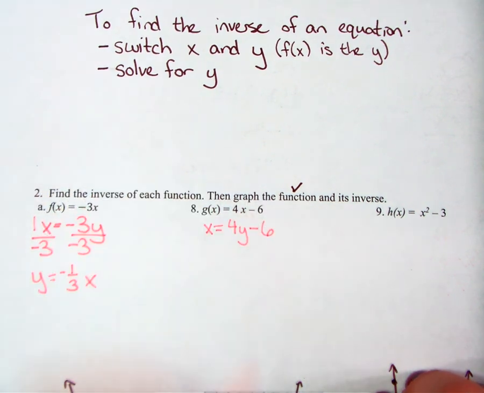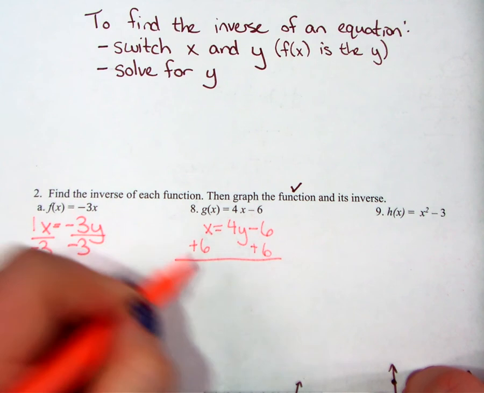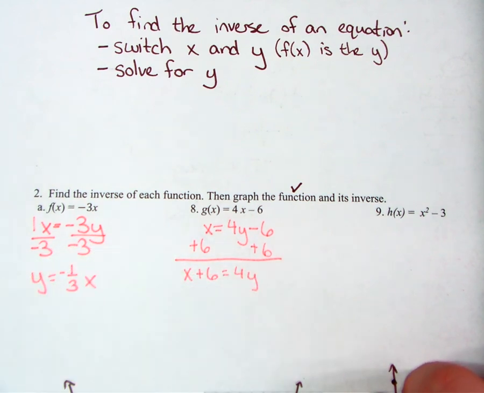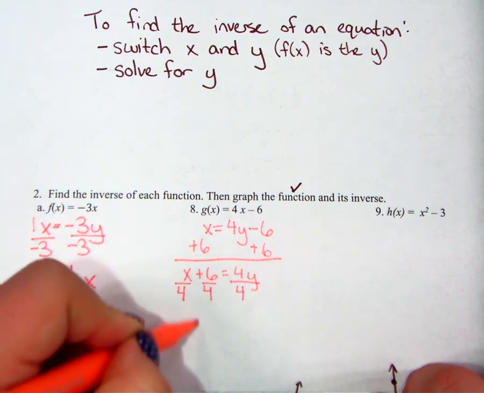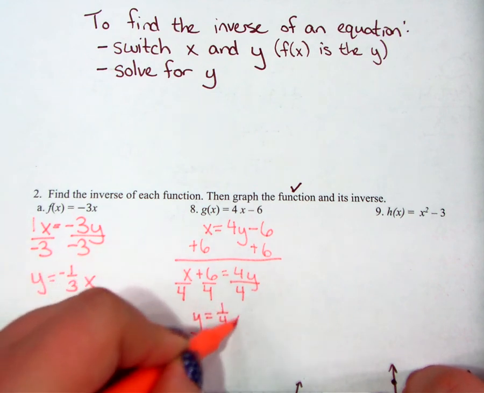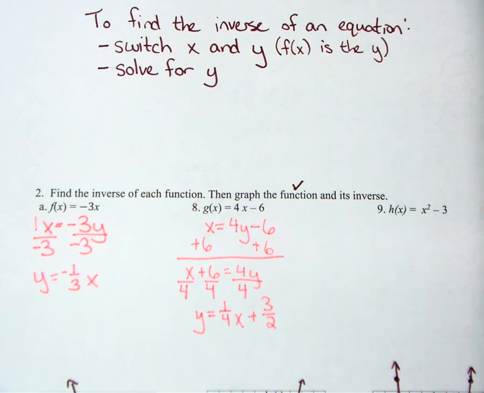X equals 4y minus 6. And solve for y. So add 6 to both sides. Divide by 4. So I have 1/4 x plus 3/2.